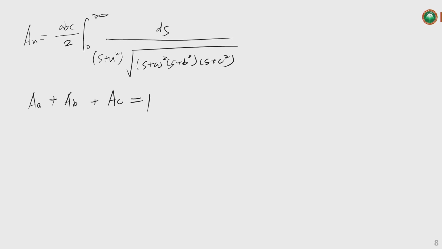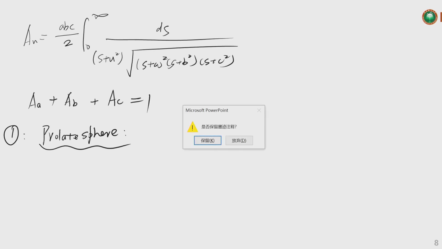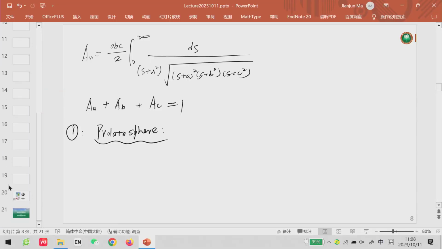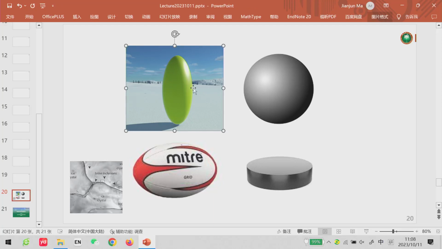So now we would change the shape of the ellipsoids. For example, first, what we call the plate sphere. What is called the plate sphere? Let me find a picture. I have several pictures prepared for you.